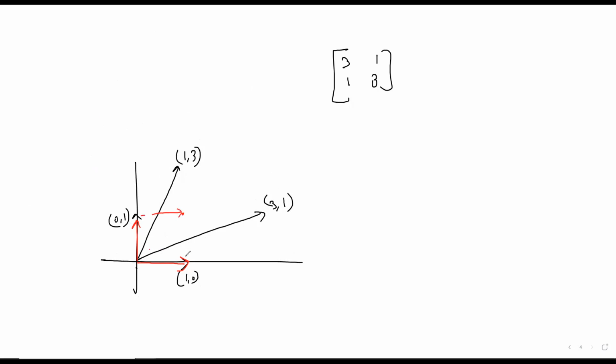The sum of these two vectors is here. What will be the output of this? The output of the sum of the inputs is equal to the sum of the outputs of the inputs, will be this.